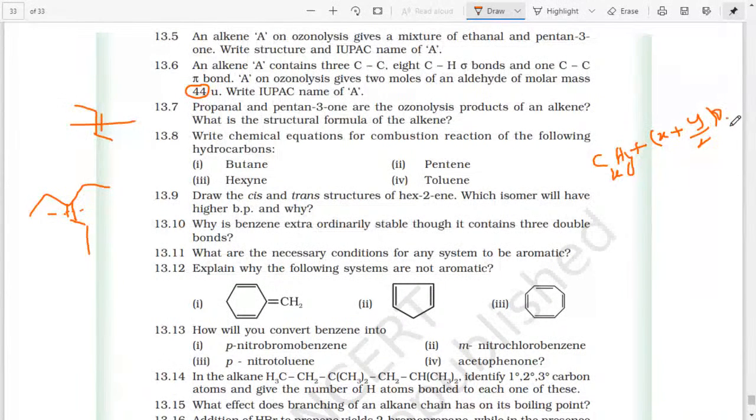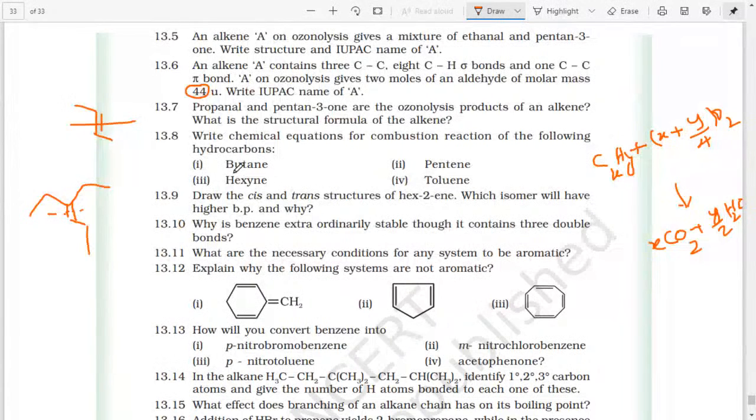So this is the formula. It is going to give x CO2, carbon dioxide, plus y by 2 water molecules. Yes, you can write down the equations for all these.